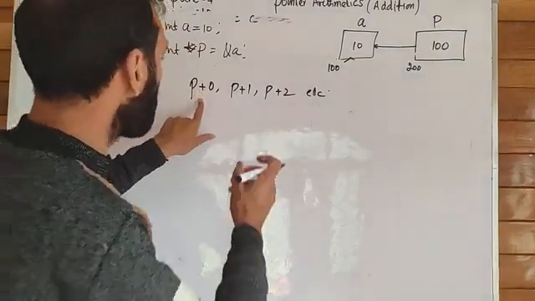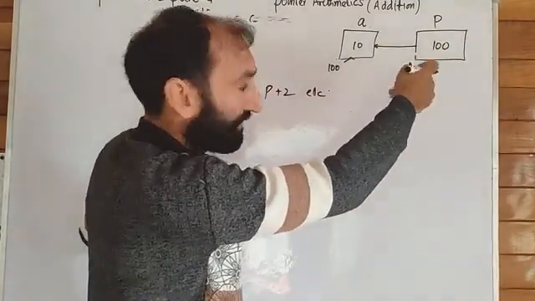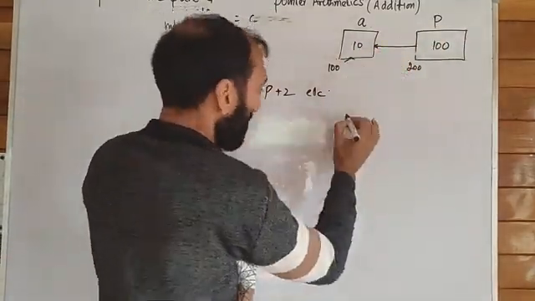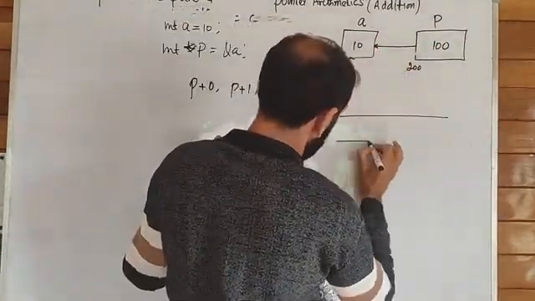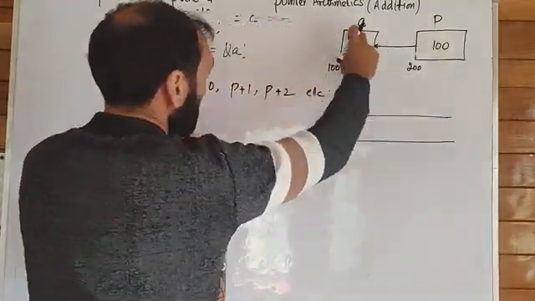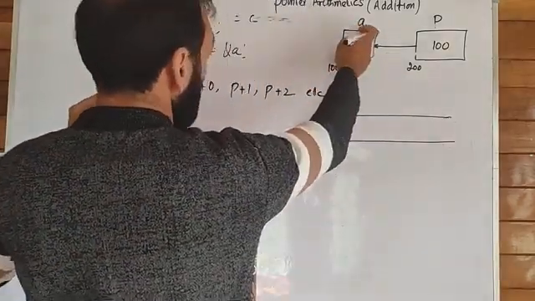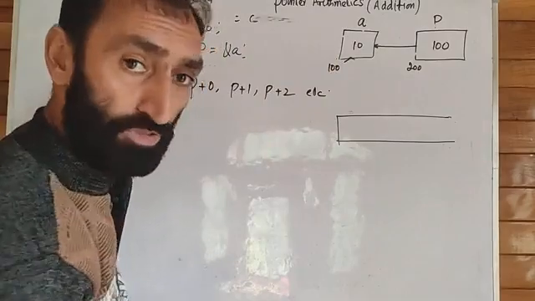What is p? p is the pointer that holds the address of a memory location. For example, a is a variable of integer type.